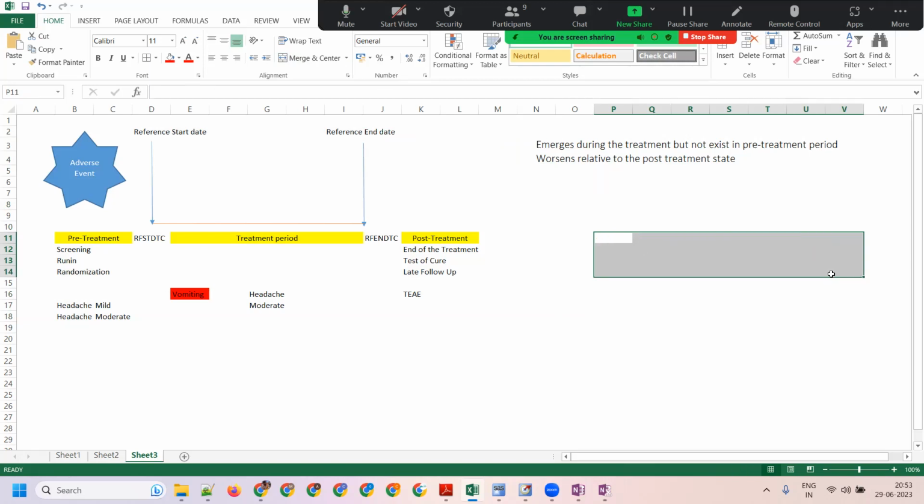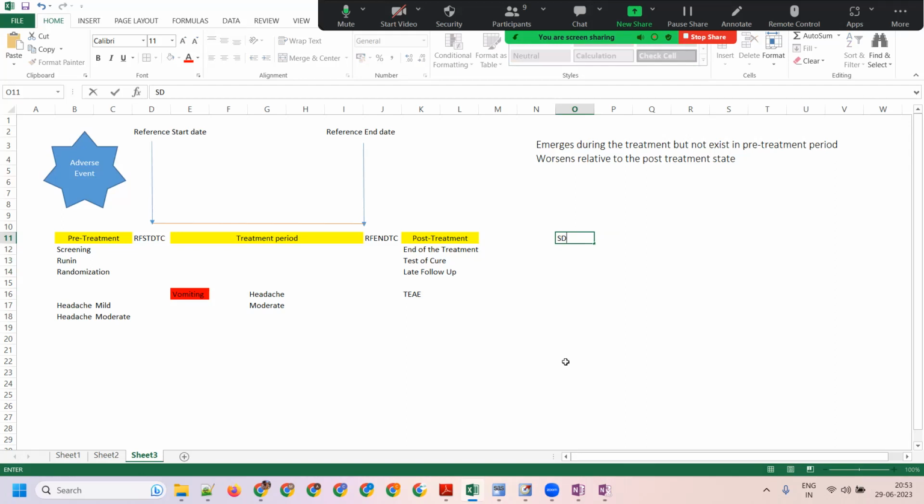Though this emergent flag is related to adverse events in ADaM, we need to talk about this somewhere in the SDTM also. But unfortunately, SDTM.AE doesn't have scope for that. If I talk about SDTM, this is a wonderful question.